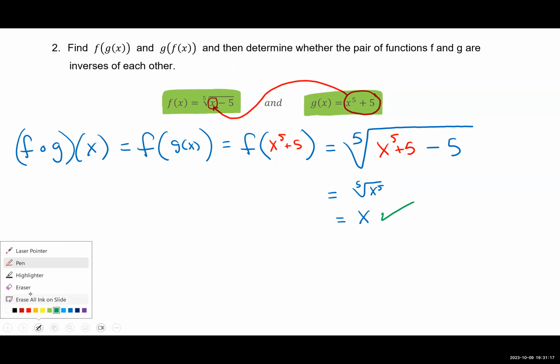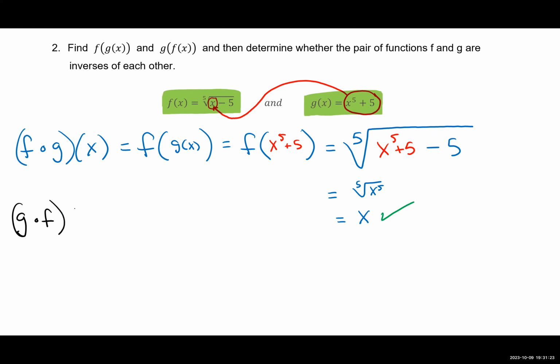So let's do the other direction. I'll switch to a different color, g of f of x, and this is a good review of the previous video. G on the outside, f on the inside. So that's g of the fifth root of x minus 5.